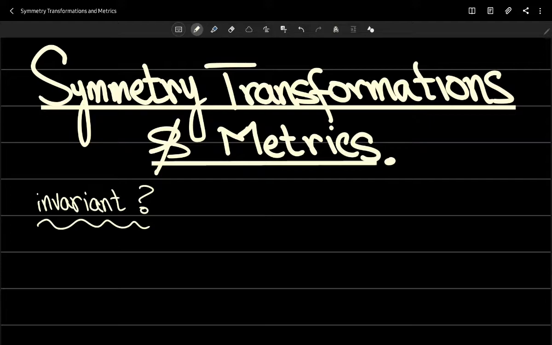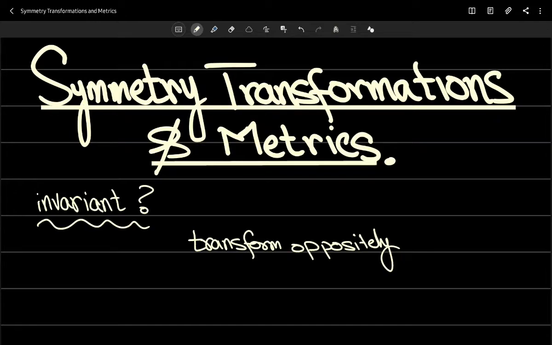Now, if one really thinks about it, it might seem that combining two objects which transform oppositely would give you an invariant, right?